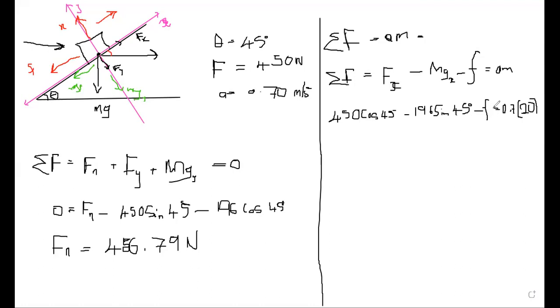So we make F the subject, which is just the frictional force, so that we have F is going to be equal to, taking this to the other side and this to the other side, 450 cos 45 degrees minus 196 sine 45 degrees minus, that's 0.7 times 20 kg, giving us 165.61.